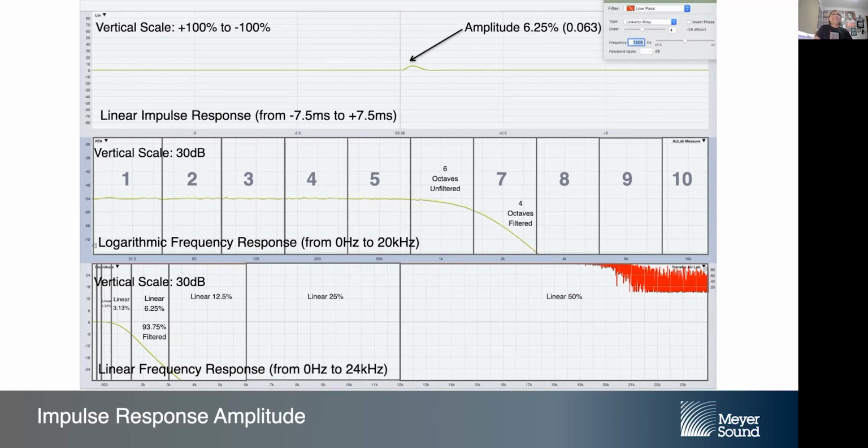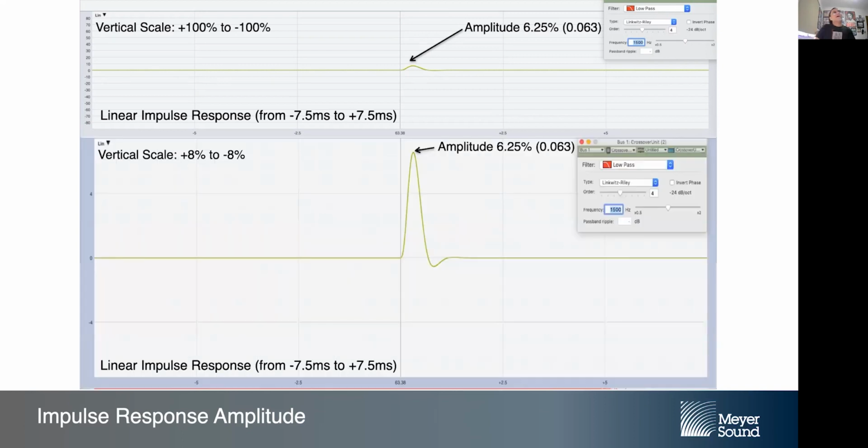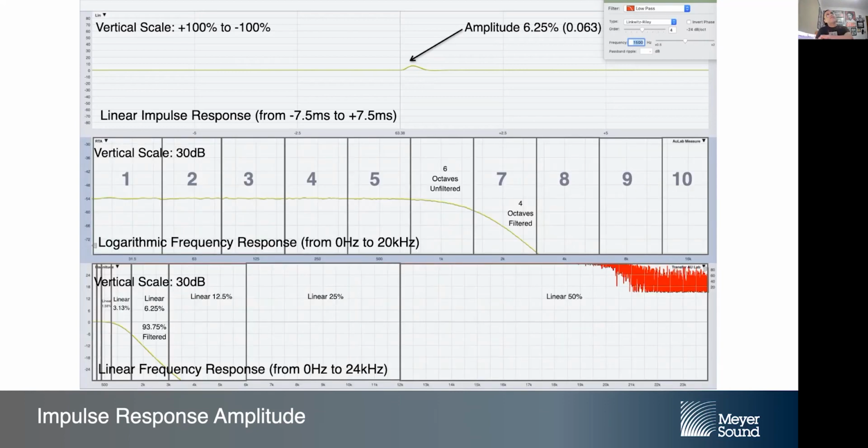And I think that everything right now is obvious. I don't need to explain all these details, because we can see that in linear, we have basically 6.25% of information unfiltered. Next slide, and before the next slide, can you come back one more?